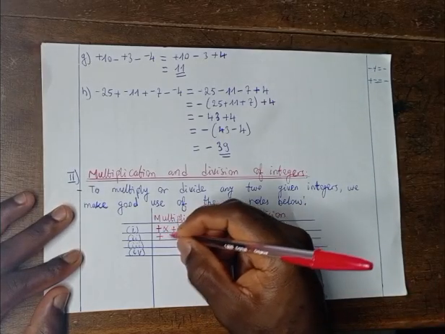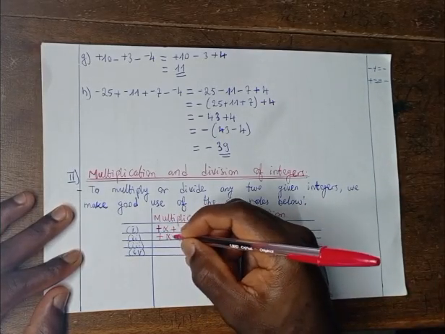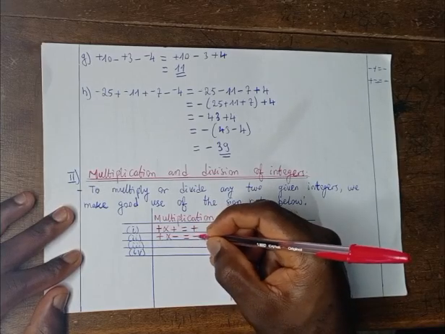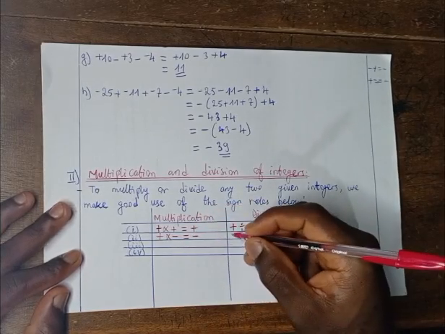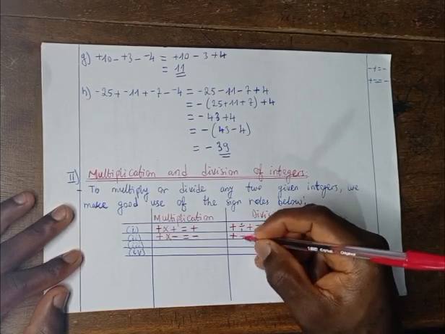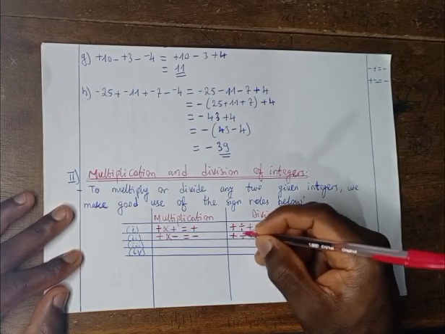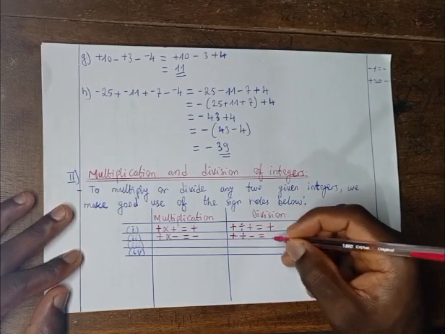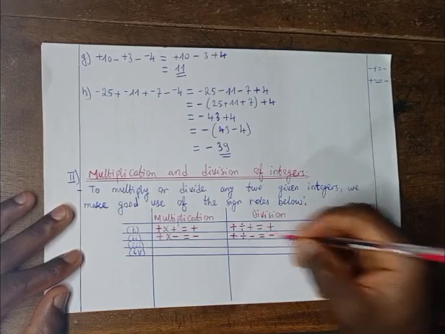If we multiply a positive number by a negative number, the result will have a negative sign. If we divide a positive number by a negative number, the result will have a negative sign.